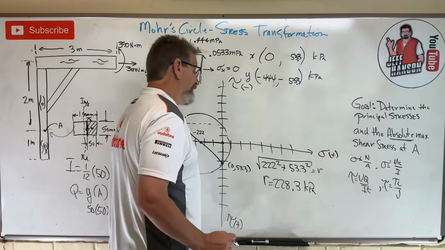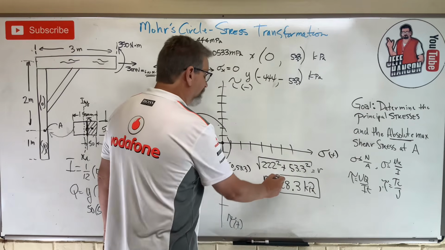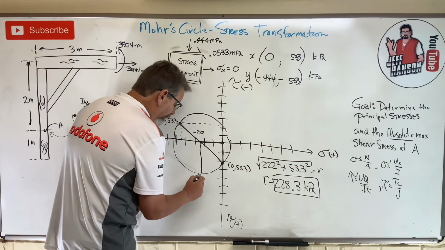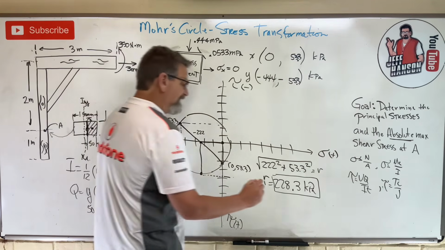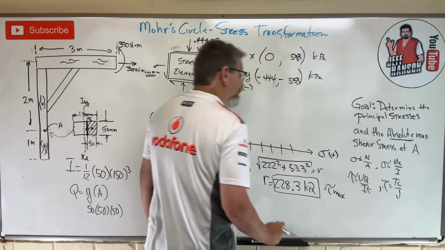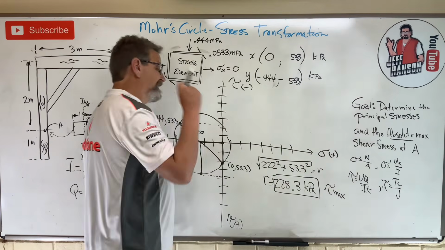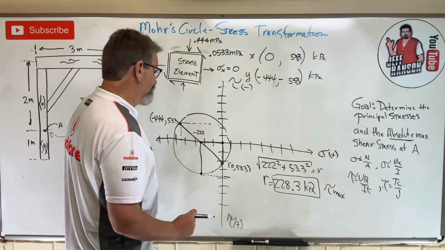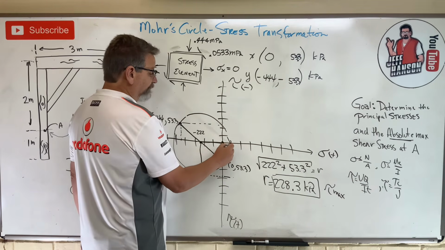Kilopascals. Now what is that right there? That's a radius, but what does the radius of the circle represent? Remember, this is a radius also. It represents tau max. Hey, we just found tau max. Is it tau absolute max? The answer is yes. How do I know the answer is yes? Because this circle goes on the other side of 0.